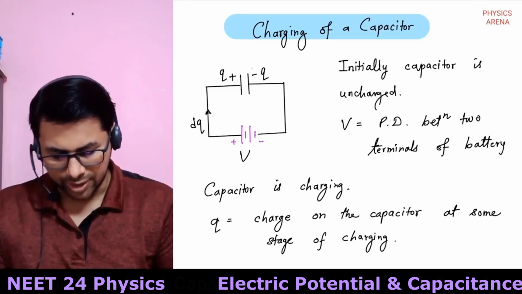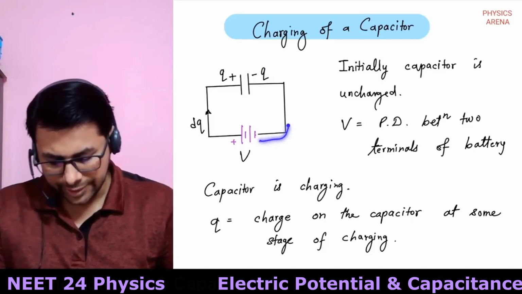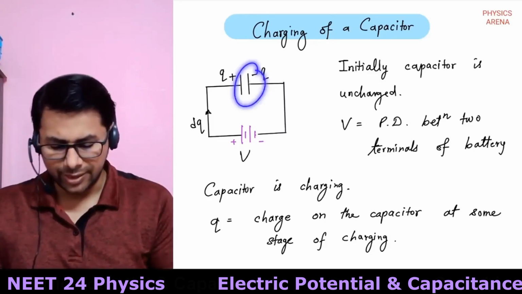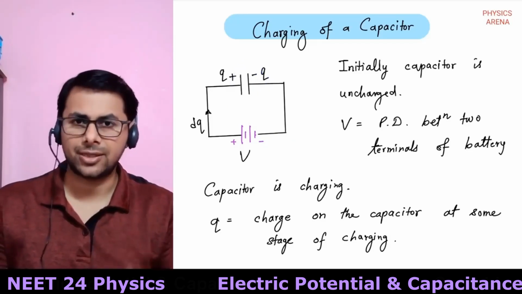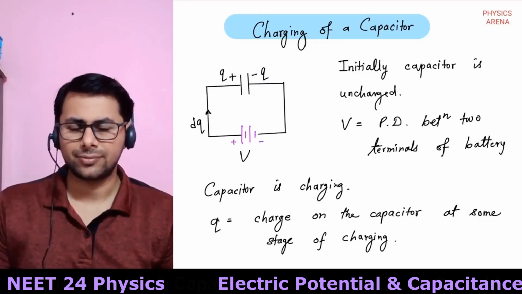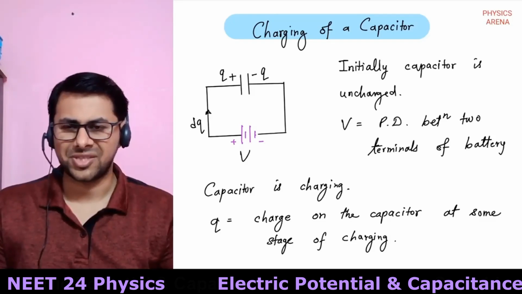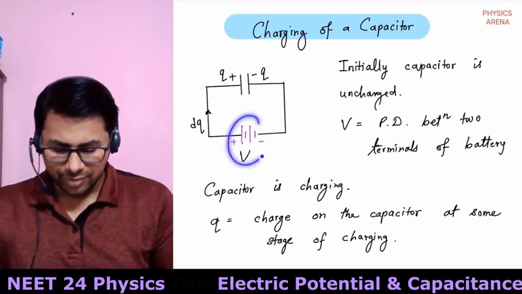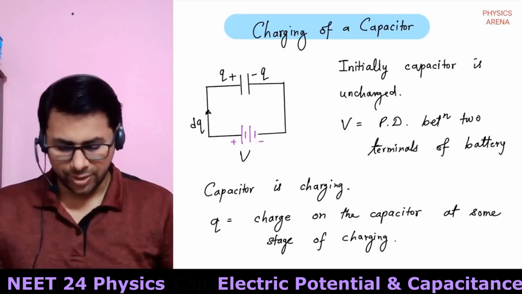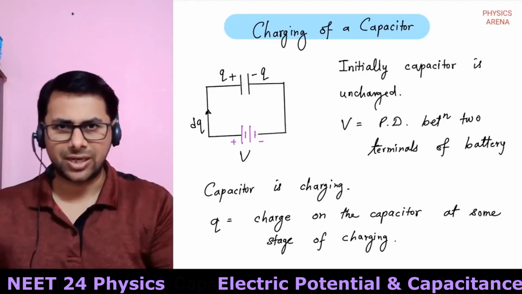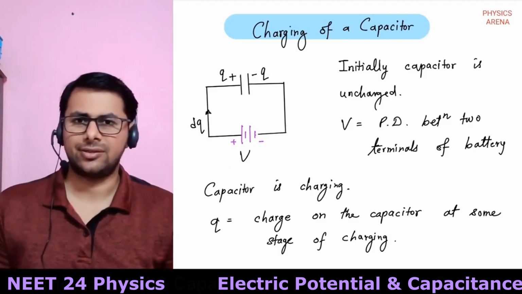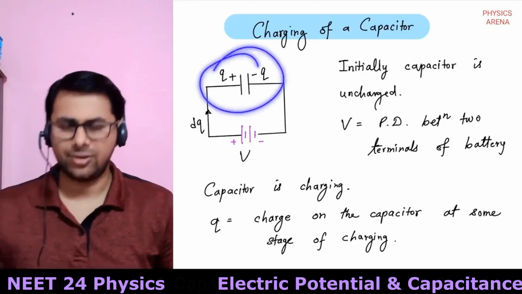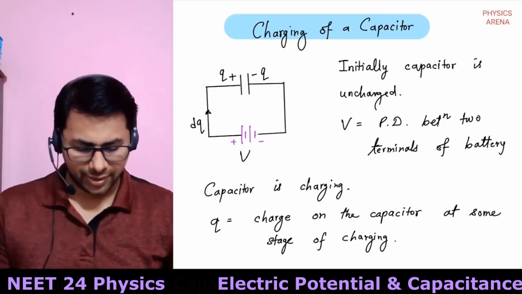If there is already some charge minus Q, the electrons coming from this side will get repelled by the already present negative charge, right? So the battery will have to do some work to deposit more negative charge on this negative plate of the capacitor. That work gets stored as the potential energy of the capacitor.